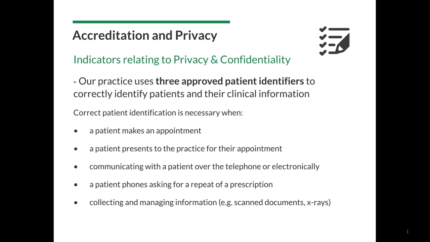We need to check every time a patient makes an appointment, every time the patient presents to the clinic for their appointment, every time we're communicating with the patient over the phone or electronically, like if the patient rings asking for any kind of information, or to arrange a new referral or a repeat script, and anytime we're collecting or managing information, for example when we're scanning documents or bringing in x-rays. The more common 3 patient identifiers tend to be name, date of birth, and address.